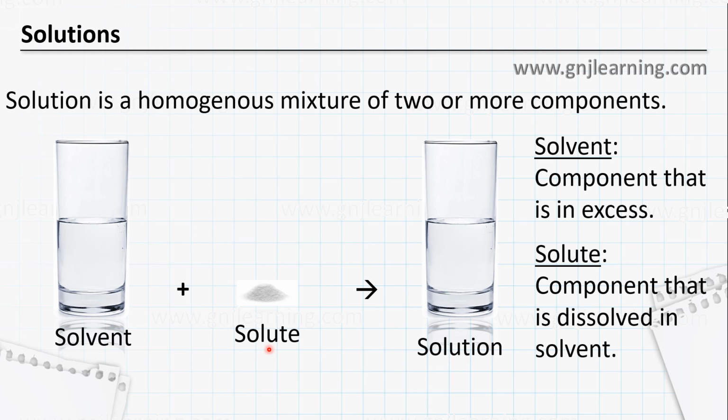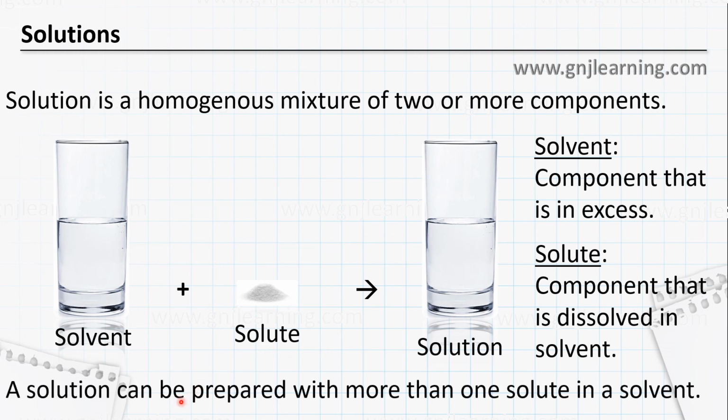Clear? A solution can be prepared with more than one solute in a solvent. The solvent will always be one, but you can add more than one solute. You can add salt, sugar, or any number of solutes into it. Clear? That's the definition: a solution is a homogeneous mixture of two or more components.